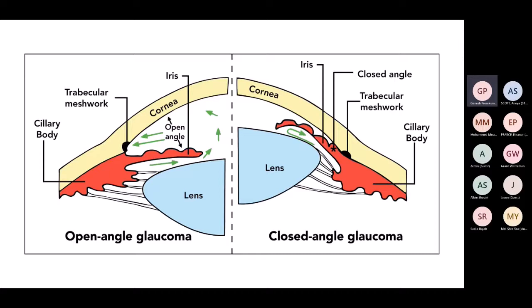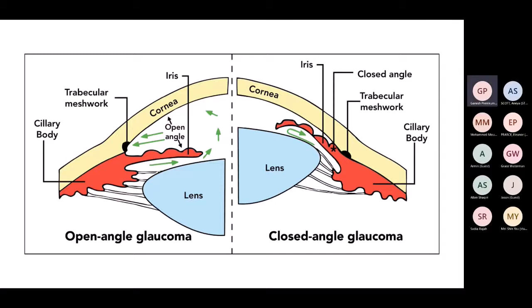The difference, however, is in closed angle glaucoma. This is an acute condition and a medical emergency because there's a high risk of permanent vision loss. And it's extremely painful as well.